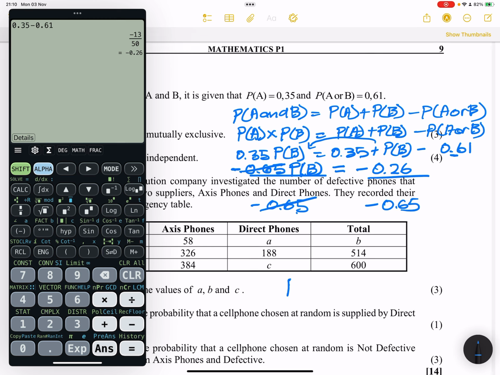Okay, so the probability of B in this case will be divided by negative 0.65. And I get that to be equal to 0.4.